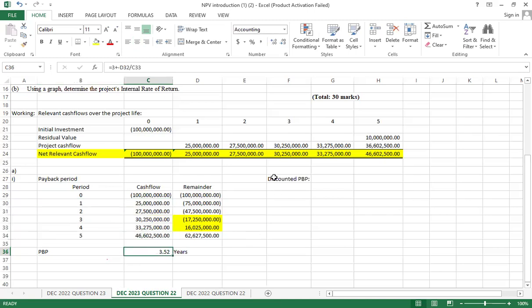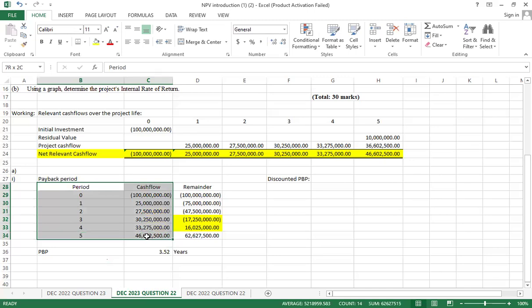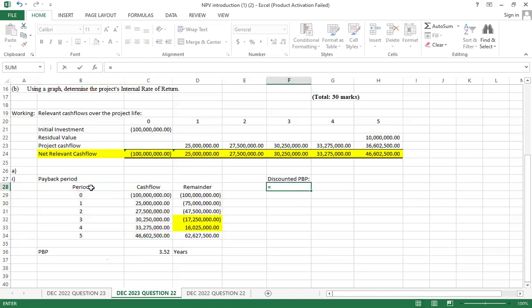The discounted payback period is the payback period that first discounts these cash flows to get their present values, so that you then compute the payback period based on those present values. In this case, what we shall do is simple. Again, I will have the period, the cash flow, and then the present values of these cash flows.